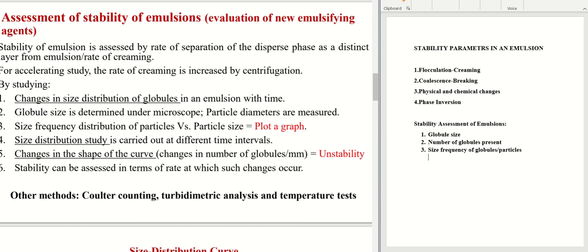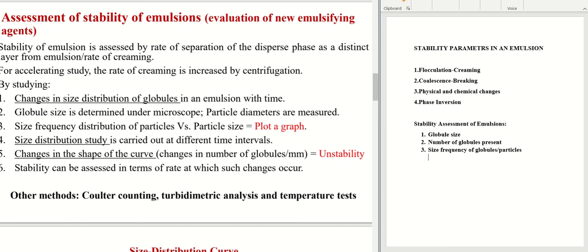An emulsion has an internal phase and an external phase. The internal phase is distributed as globules in the external phase. We being pharmacists, we need to study the changes that occur in the size of the globules. We have seen in flocculation and coalescence that the globules tend to come closer and fuse to form a larger globule.